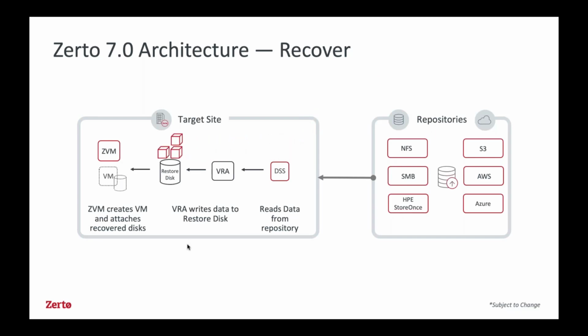Now, as soon as something is restored, we use the ZVM and all its orchestration and automation that's already built in to simply attach the disk to a new VM. And that's how easy it is to recover a VM, all from those long-term retention repositories.